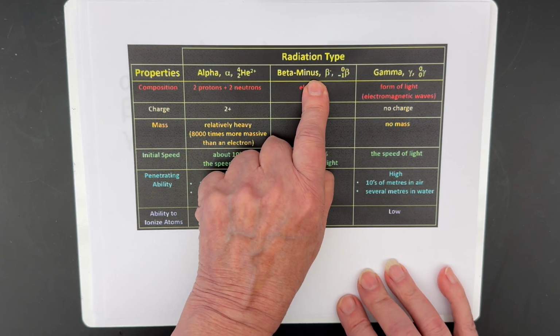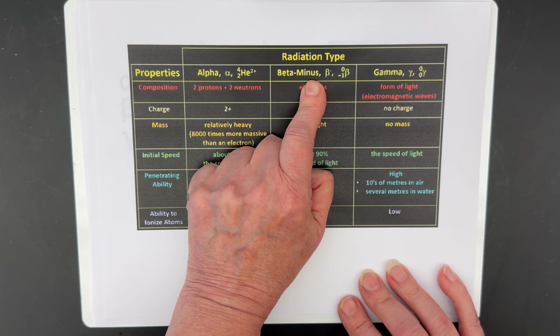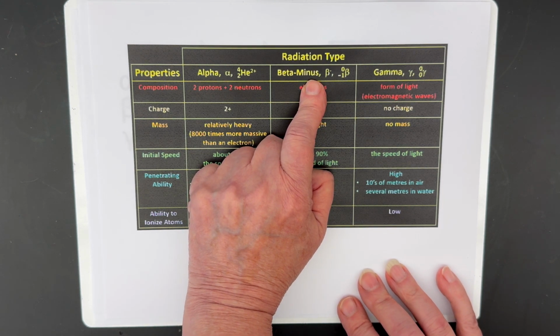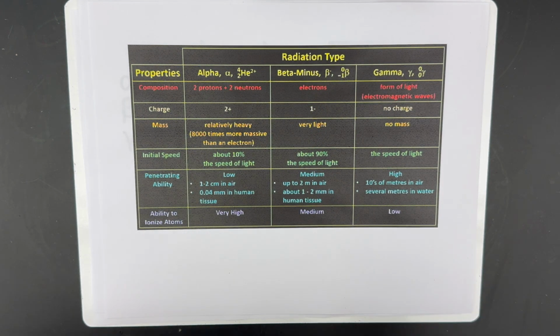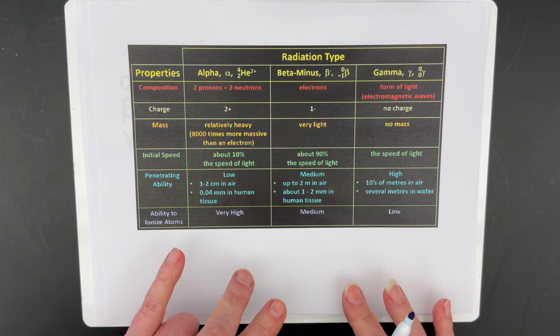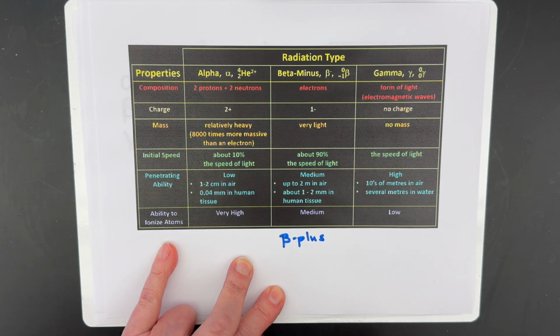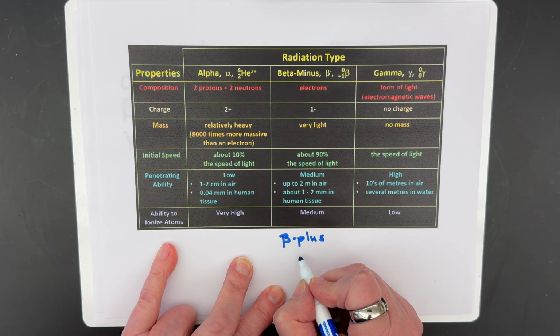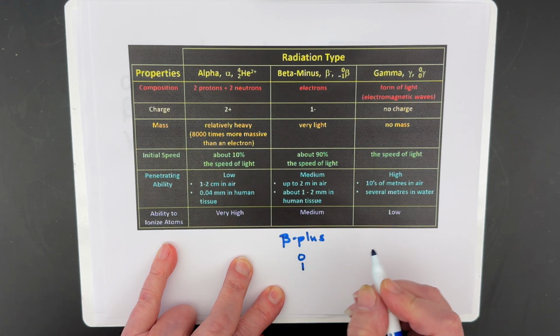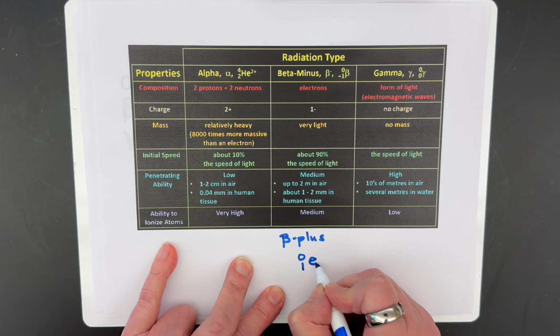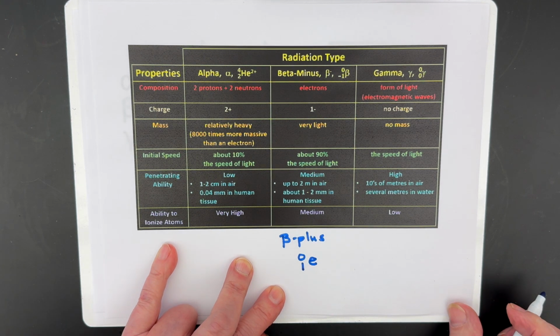Beta comes in 2 flavors, beta minus and beta plus. Beta plus is also called positron. So beta plus or beta positive is 0, positive 1, and e for electron.